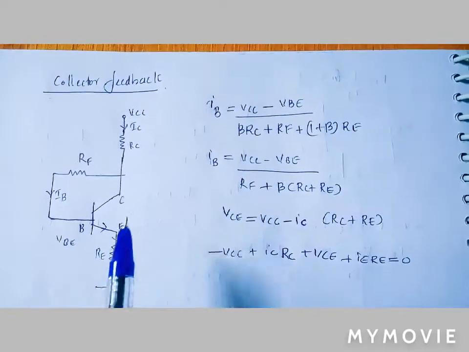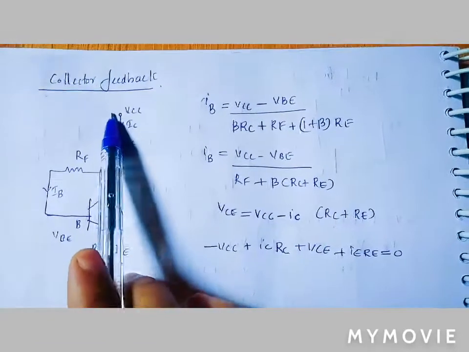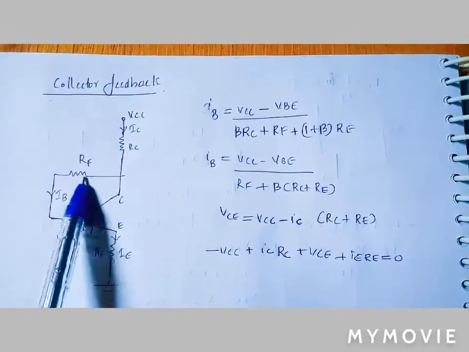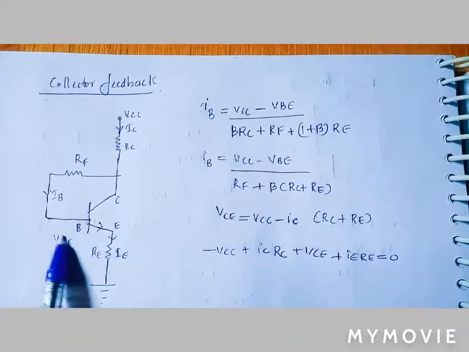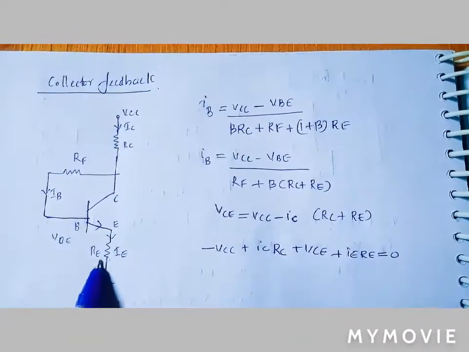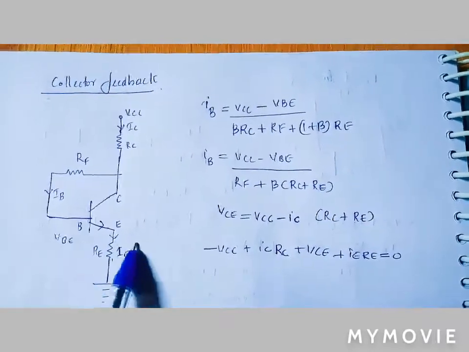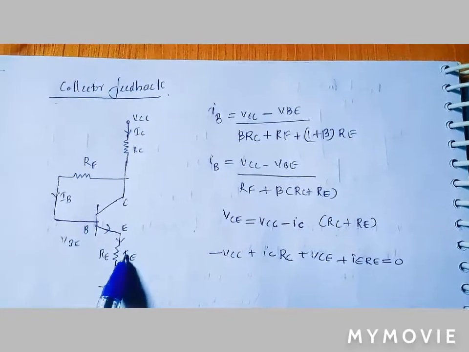Here it is minus VCC plus IC RC plus IB RF, here the potential is VBE, here it is IE RE, so we change IE to 1 plus beta IB.